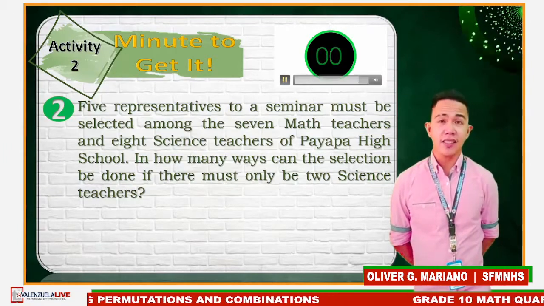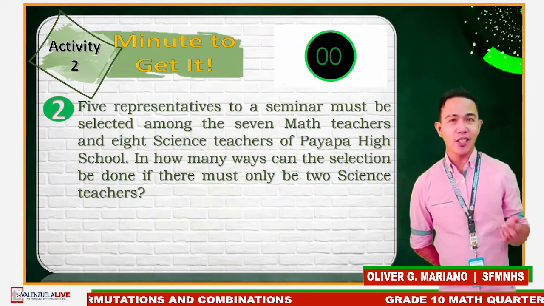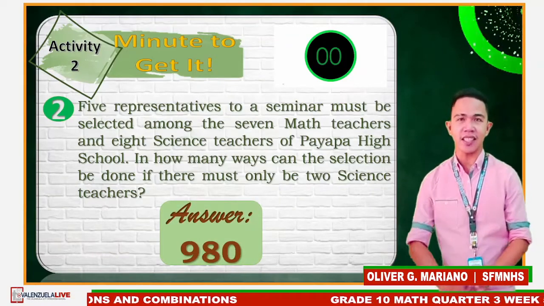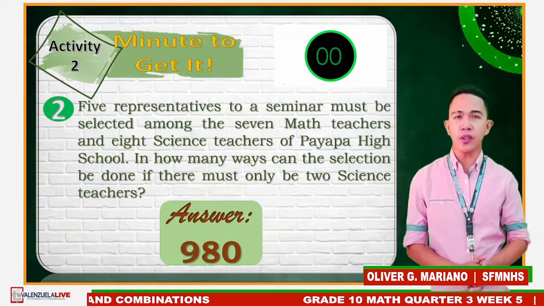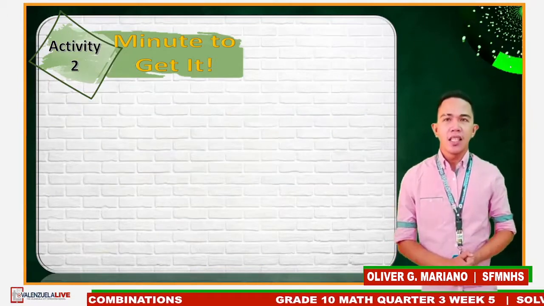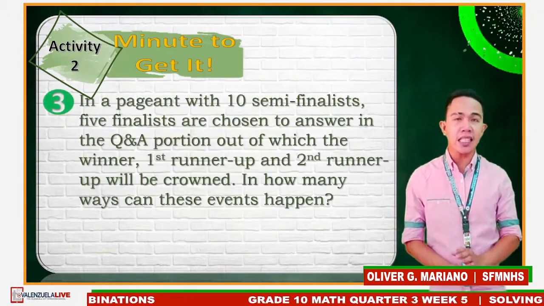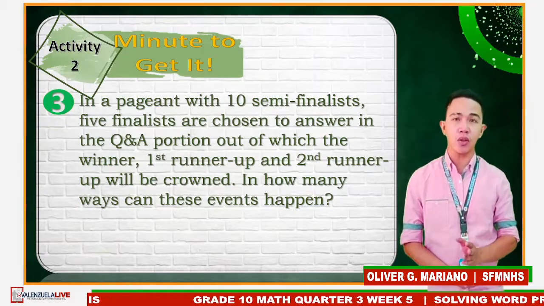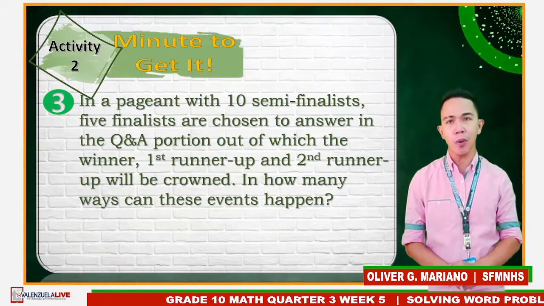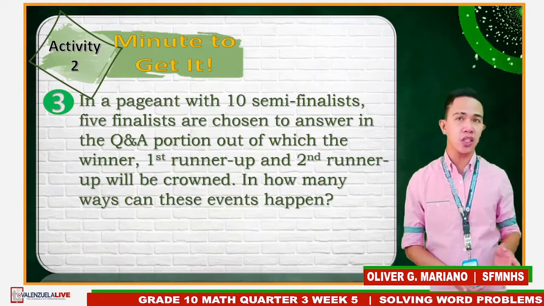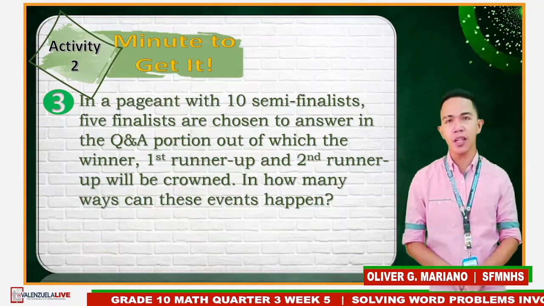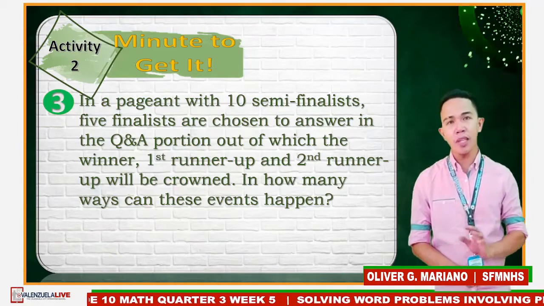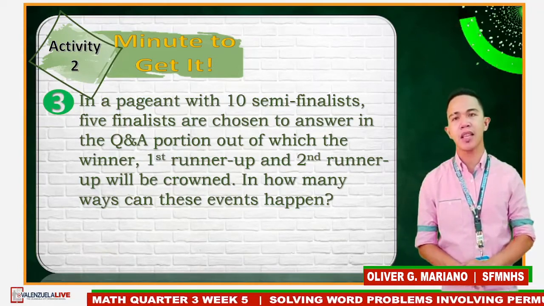All right, time's up. The correct answer is 980. Let's now move to the last one. In a pageant with 10 semifinalists, 5 finalists are chosen to answer in the Q&A portion, out of which the winner, first runner-up, and second runner-up will be crowned. In how many ways can these events happen?